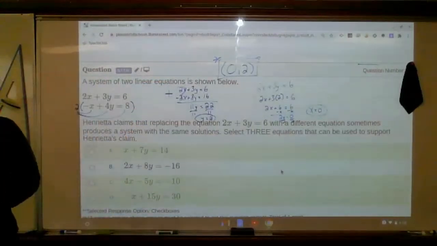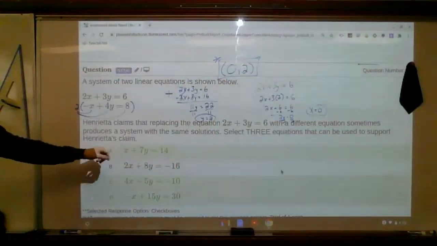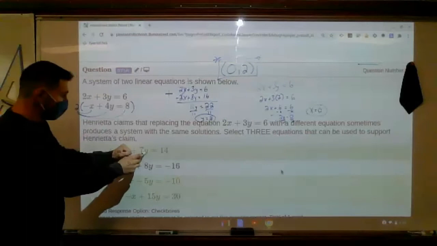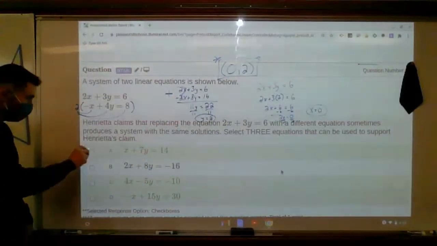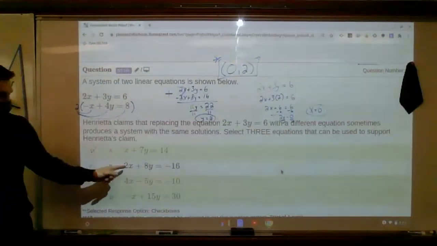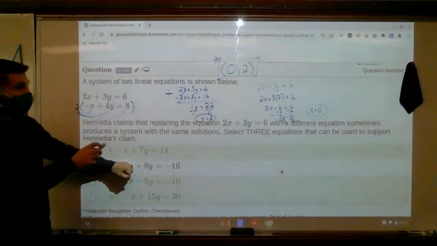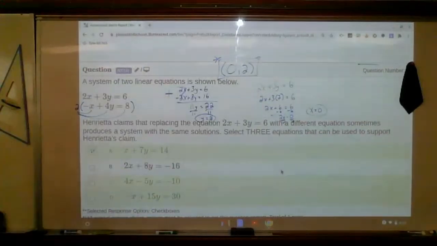So I'm literally going to substitute 0, 2 in to each equation. If x is 0, that's gone. 7 times 2 is 14. Does 14 equal 14? Yep. This question looks harder than it is. 2 times 0 is 0, so that's gone. Plus 8 times 2 is 16. Does 16 equal negative 16?